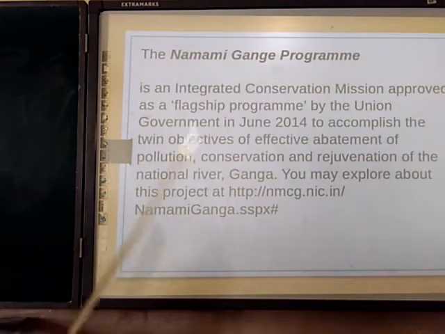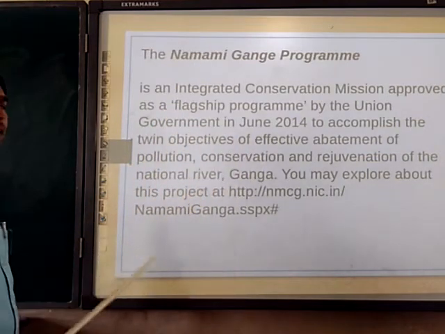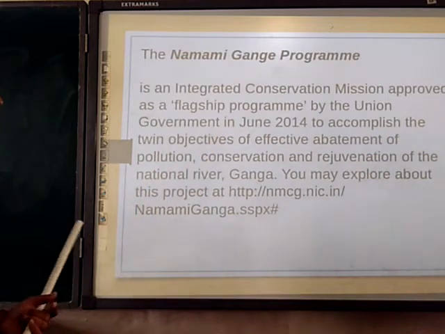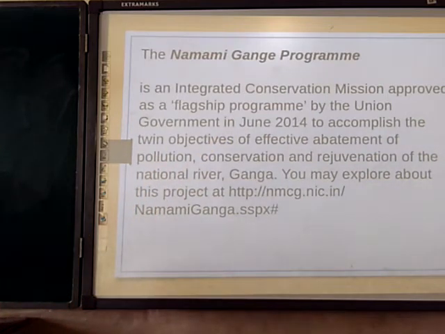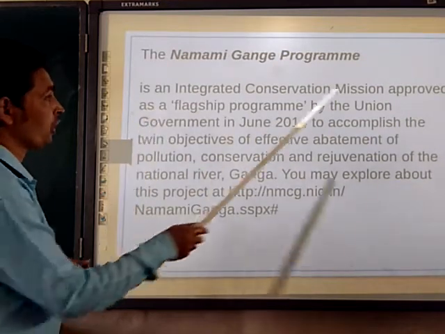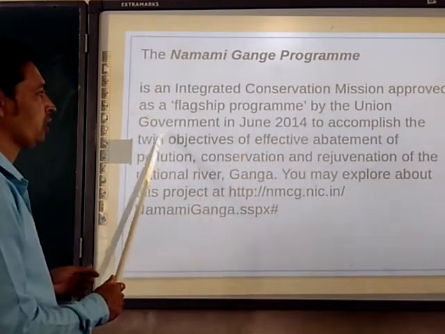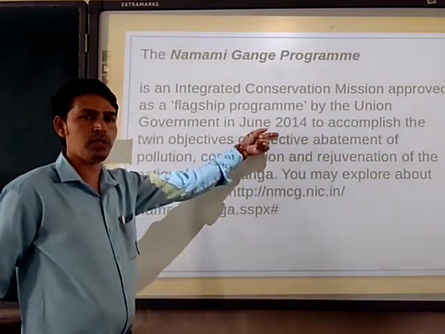Next, the first program, the Namami Gange program. Please see carefully and please copy down the important data, which is very helpful for you. The Namami Gange program is an integrated conservation mission approved as a flagship program by the Union government in June 2014.